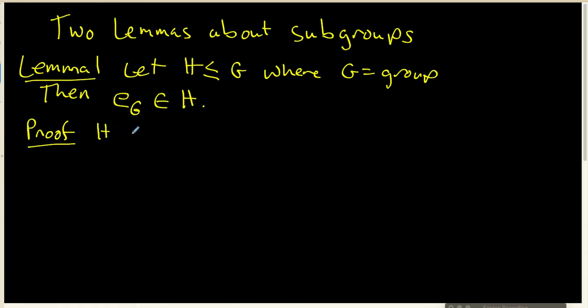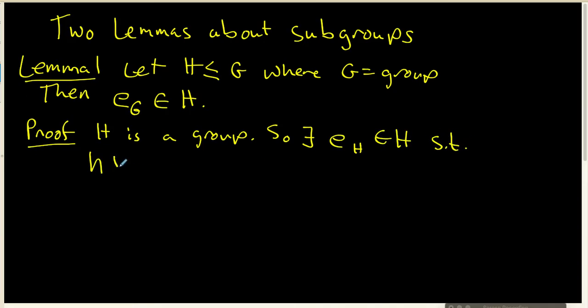We know that H itself is a group under the same binary operation that G uses. So there is a group identity for H. So there is, I'm going to call it e_H, inside H, such that h times e_H is equal to h for all h's inside set H.